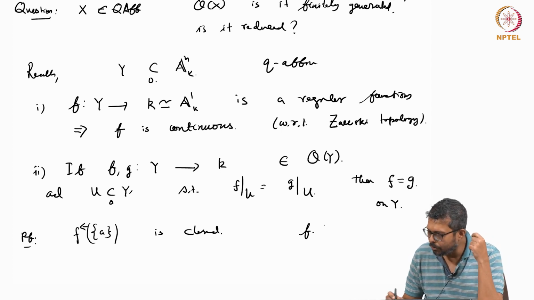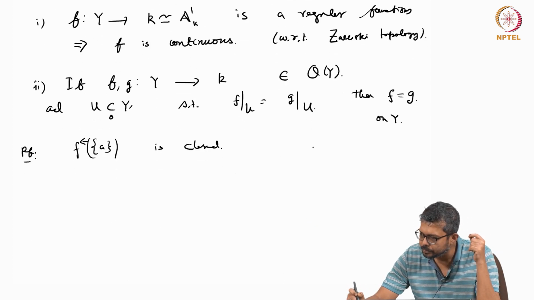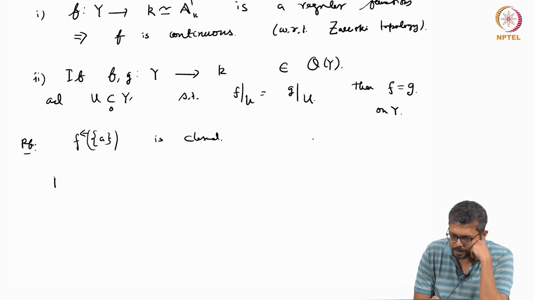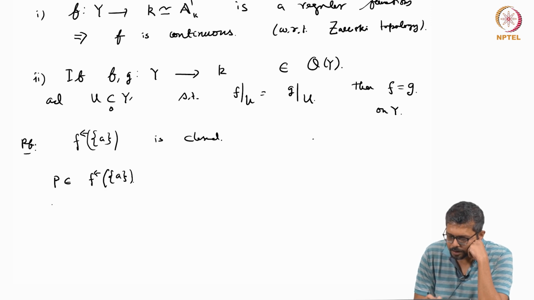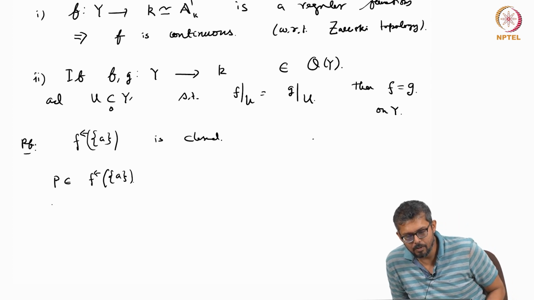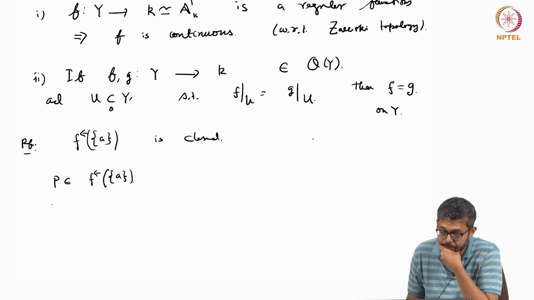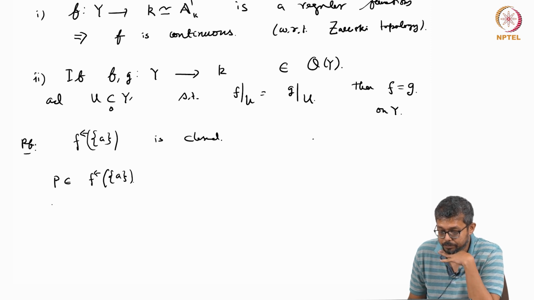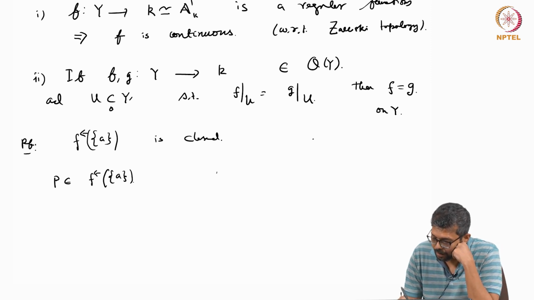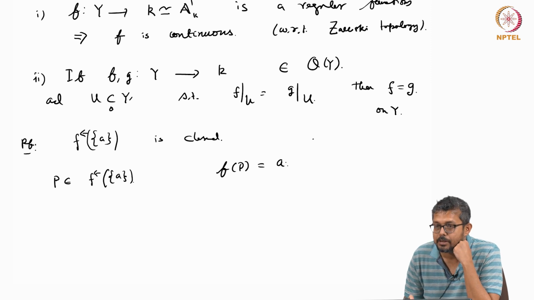So if you take some point P in f inverse of A, so suppose f of P equals A. But f is a regular function.